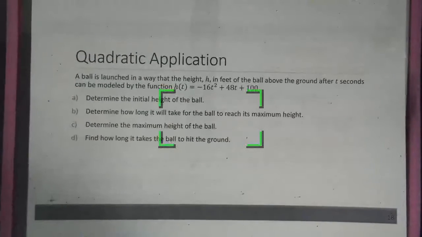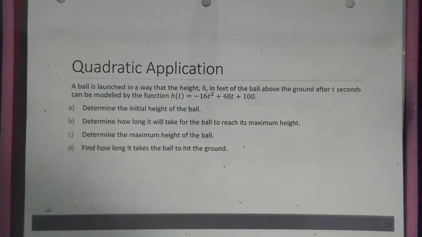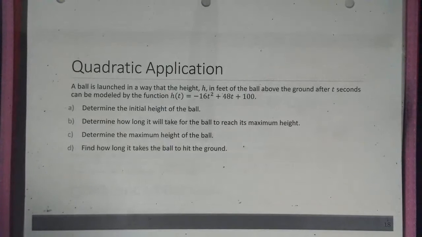Next up, a ball is launched in a way that the height h in feet of the ball above the ground after t seconds can be modeled by the function h of t equals negative 16t squared plus 48t plus 100.